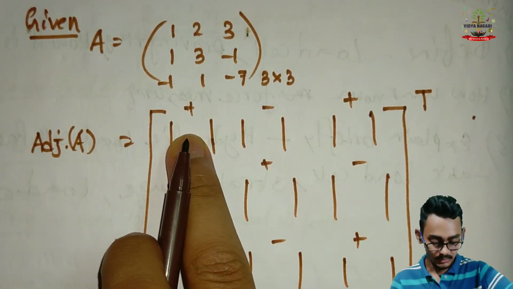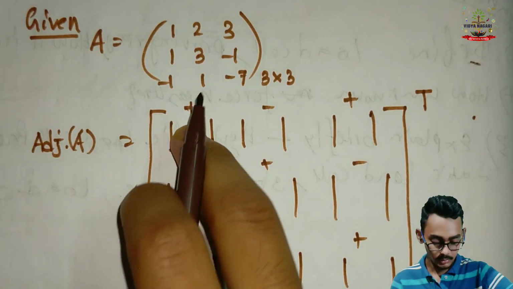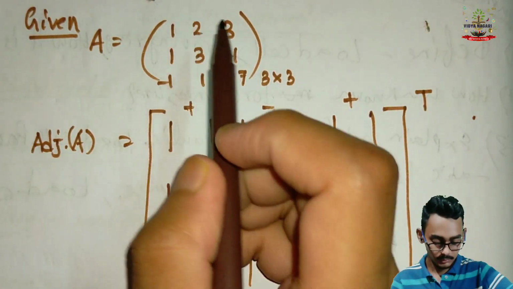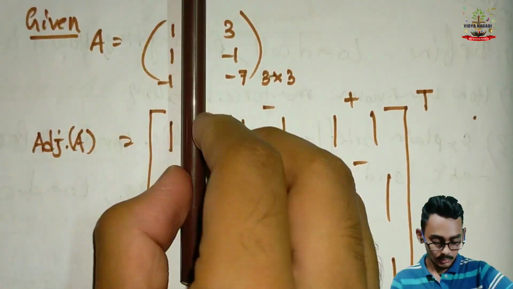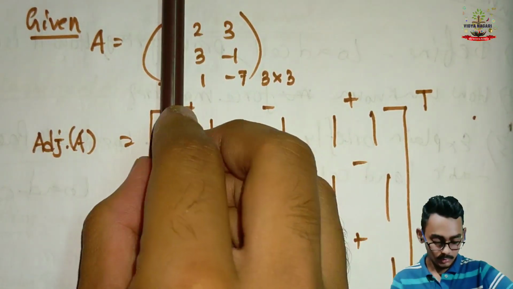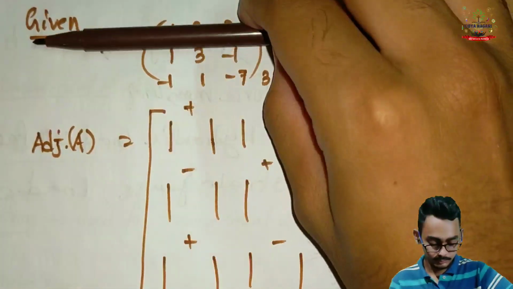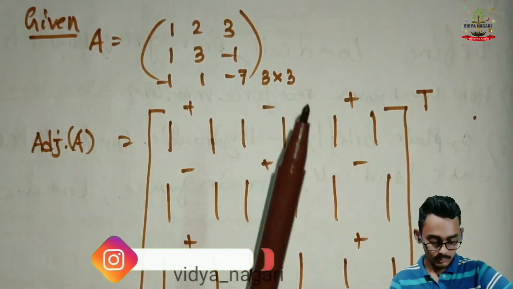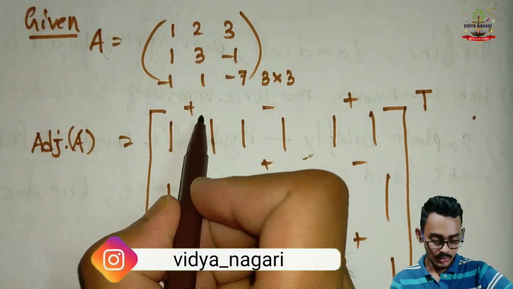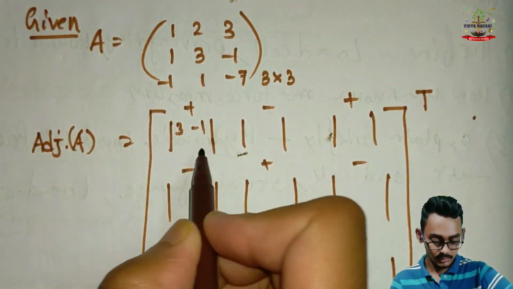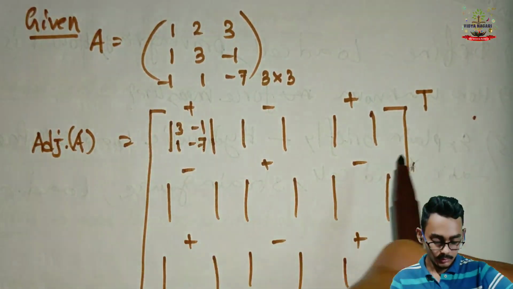Here we have to write the cofactor of the first element 1. With respect to the respective row and respective column of the element, our minor is 3, minus 1, 1, minus 7.